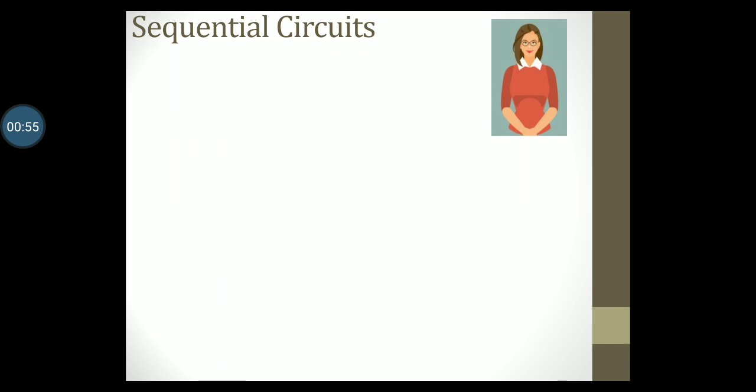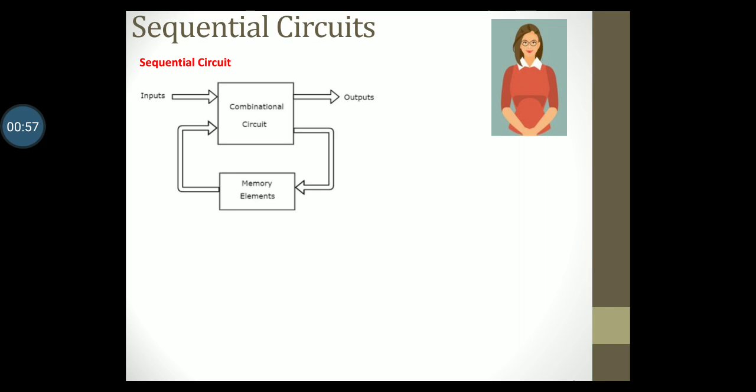In contrast, this is what a sequential circuit looks like. The first thing to notice is that it is made up of a combinational circuit. It also has a memory element in it, such that the output of the circuit can be stored in that memory element and then can be introduced as input back into the circuit.